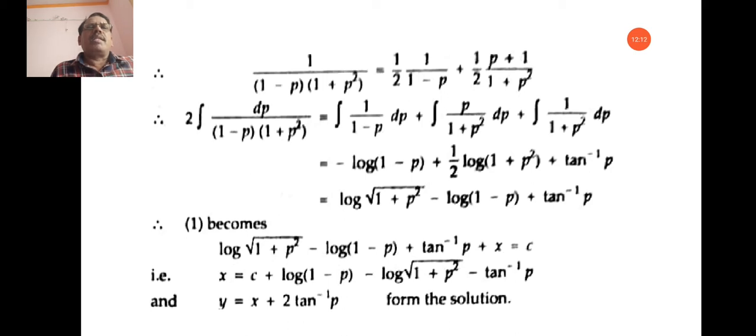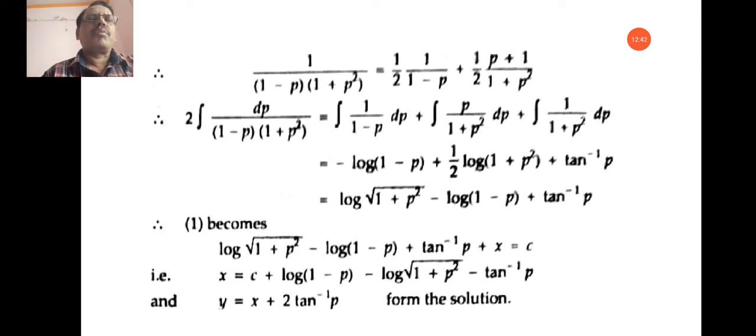So on integrating we have minus log of 1 minus p. This is a linear term, so integration is a logarithm. Here 1 plus p square is in the denominator, and its derivative, p, is in the numerator. Therefore it is a half log of 1 plus p square, plus the formula 1 by 1 plus p square gives tan inverse of p.